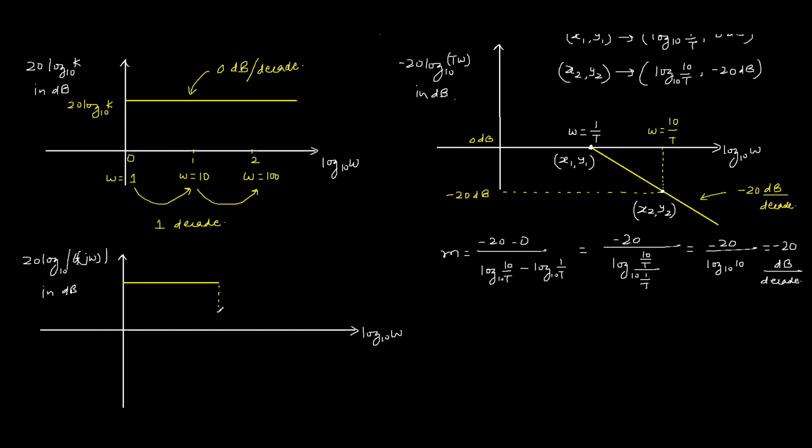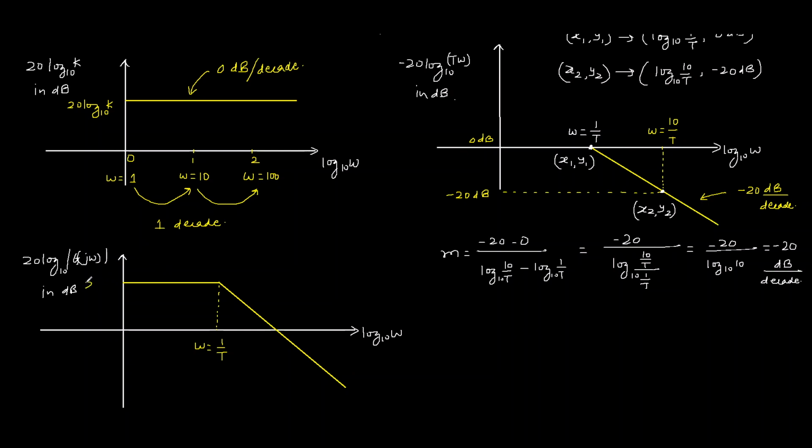And after omega equal to 1 by t, the slope of line is negative. So this is the resultant Bode plot, which is combination of these two lines.